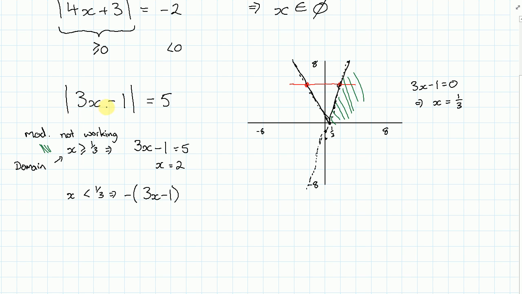If it's below that threshold, everything swaps round. So it equals 5, and we get things like -3x + 1 = 5. Rearrange, we get 3x = -4, so x = -4/3. And hopefully we check, is this in the right area? Yes, it's in the correct domain.